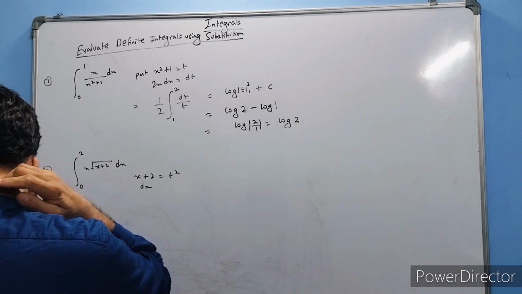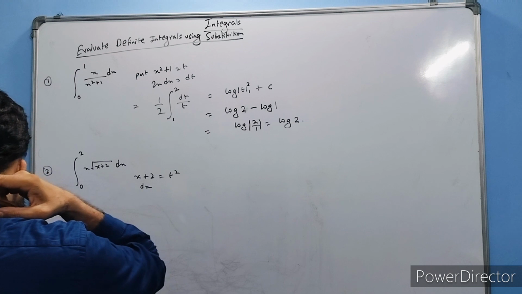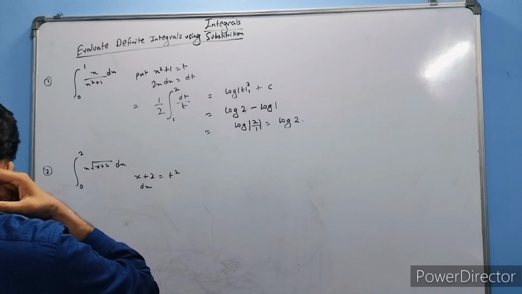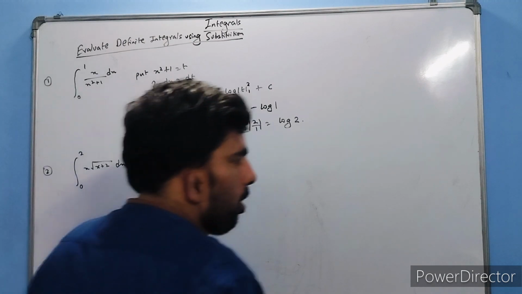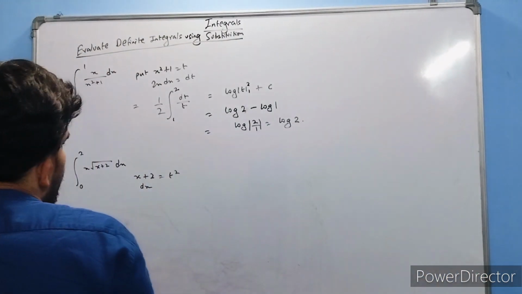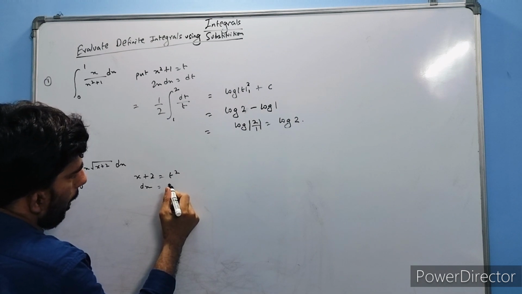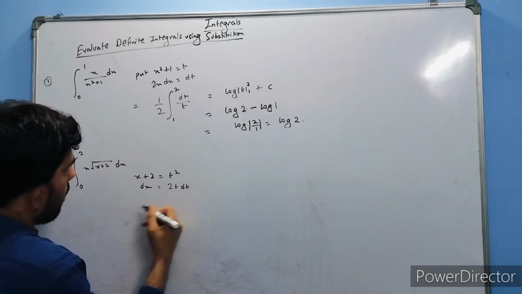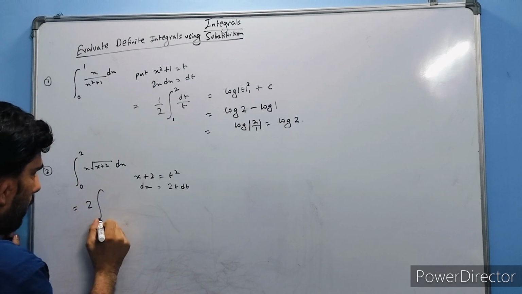Put x plus 2 equal to t square. Okay, x plus 2 is equal to t square, so that dx is equal to 2t dt. So we can put here dx is equal to 2t dt.